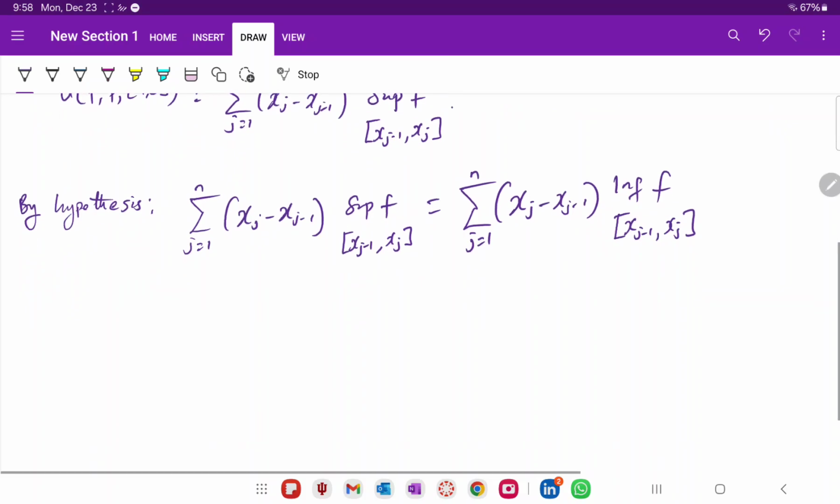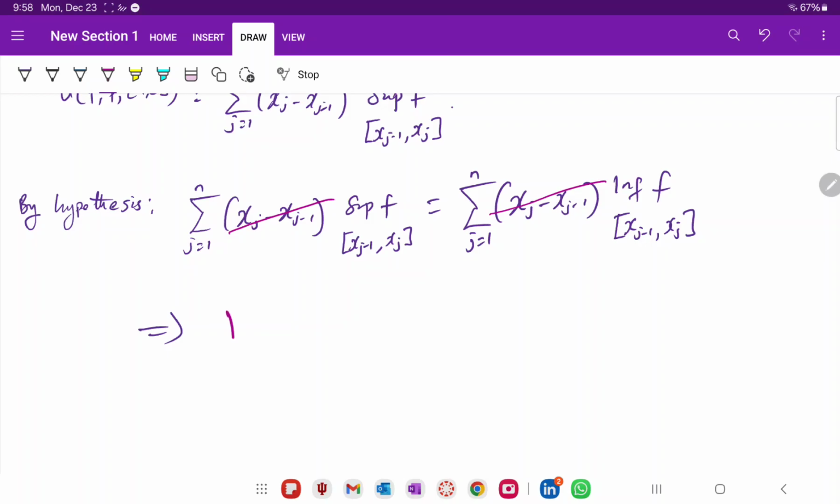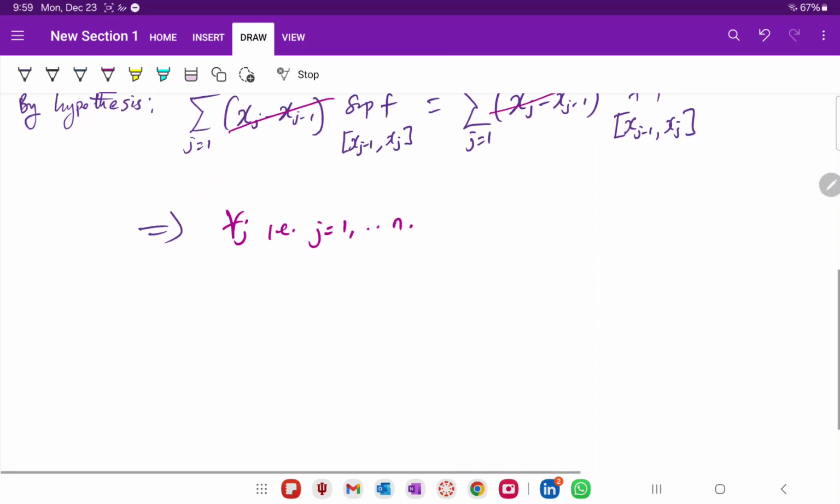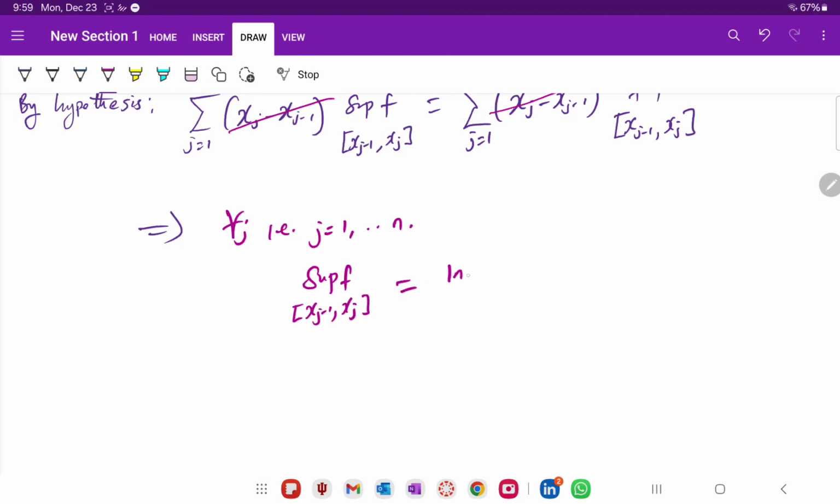And then this implies, since we have the same thing here, that for all j's, that is j equals 1 to n, we have the sup of f over [s_{j-1}, s_j] equal to the infimum of f over [s_{j-1}, s_j].